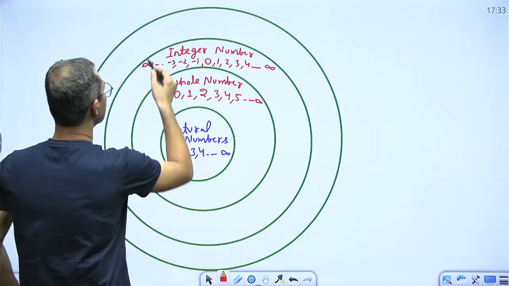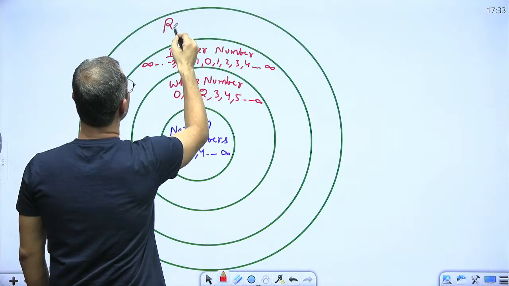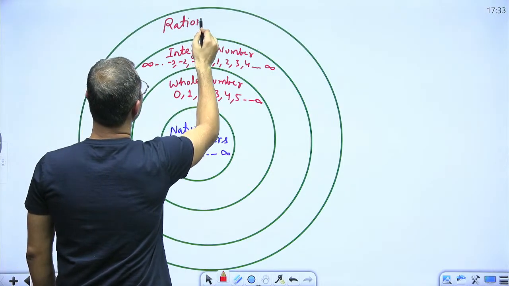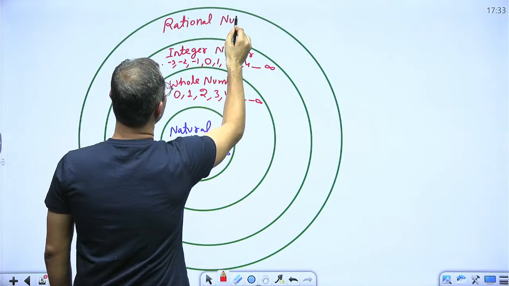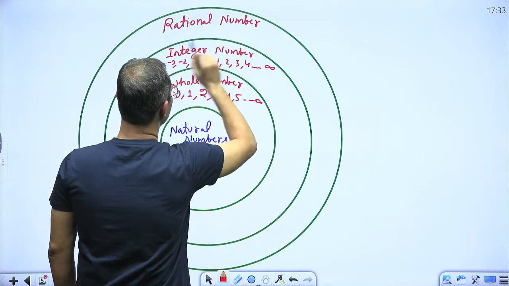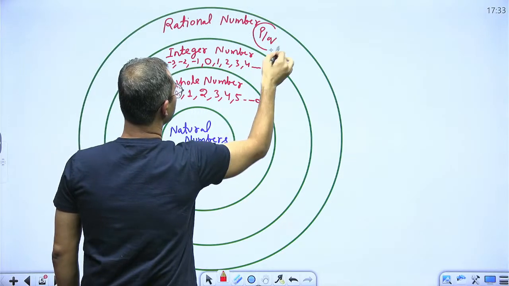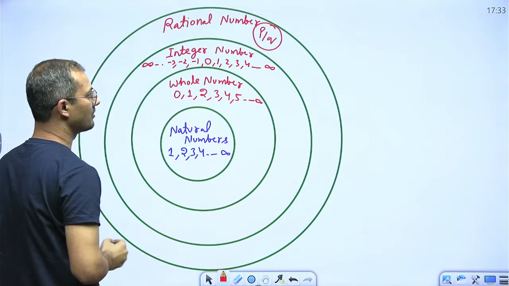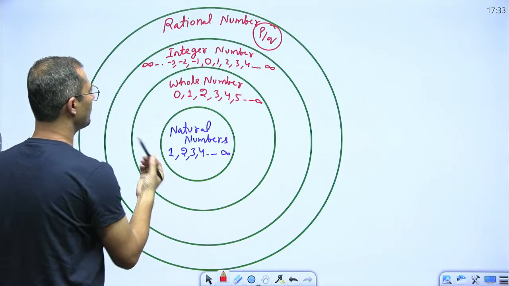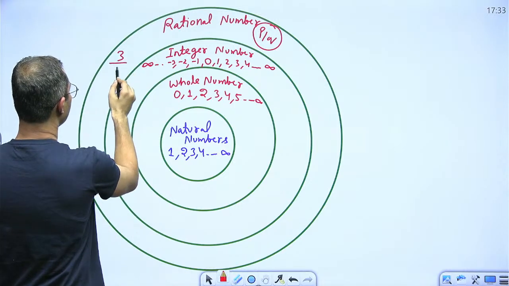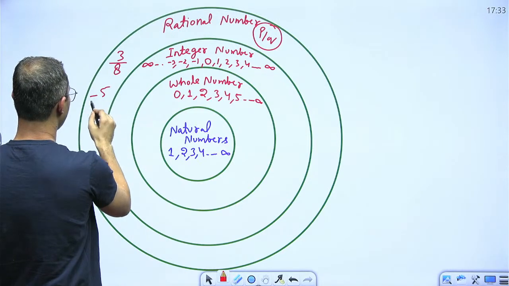So these are the rational numbers. Rational numbers can be in the form of p by q. We can include here, for example, 3 by 8, minus 5 by 11.